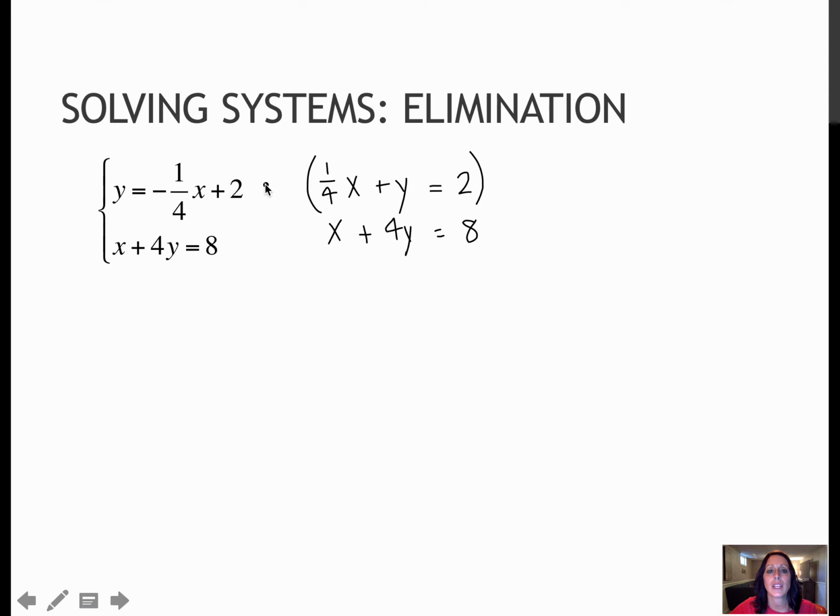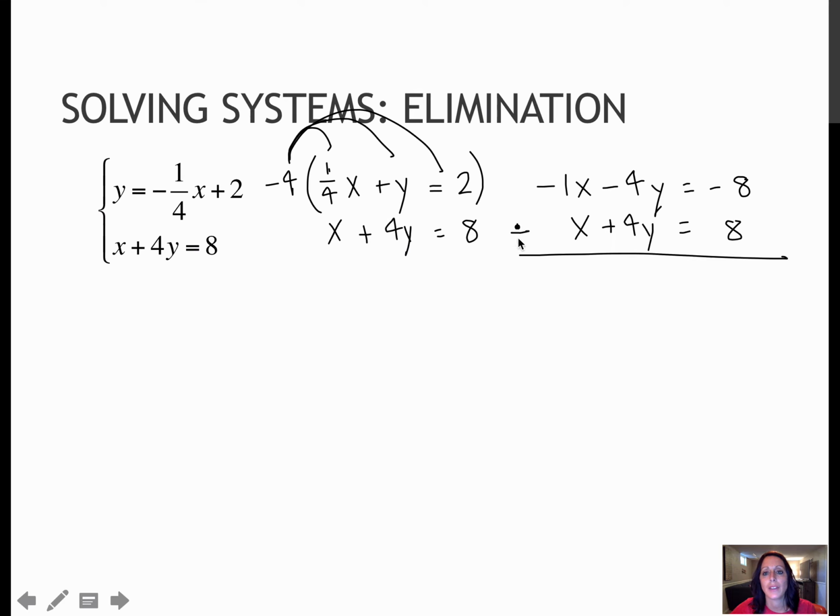I'm going to take everything times negative 4, because if I take y times negative 4, I'll get negative 4y, and on the bottom I have a positive 4y. So negative 4 times 1/4 gives me negative 1x. Negative 4 times y gives me negative 4y. And negative 4 times 2 gives me negative 8. The second equation I'm going to leave exactly the way it is.